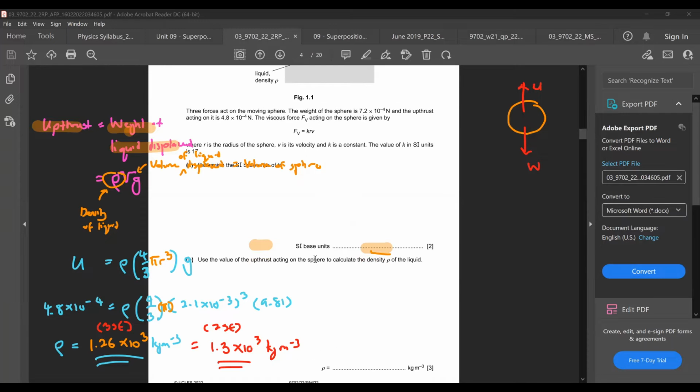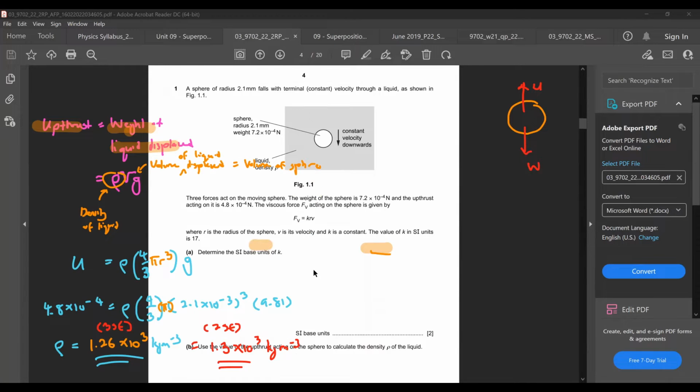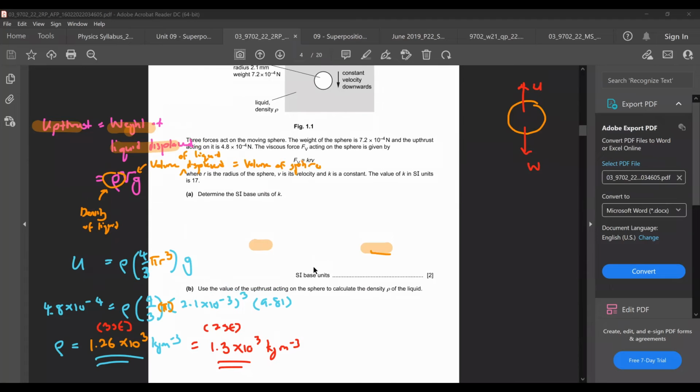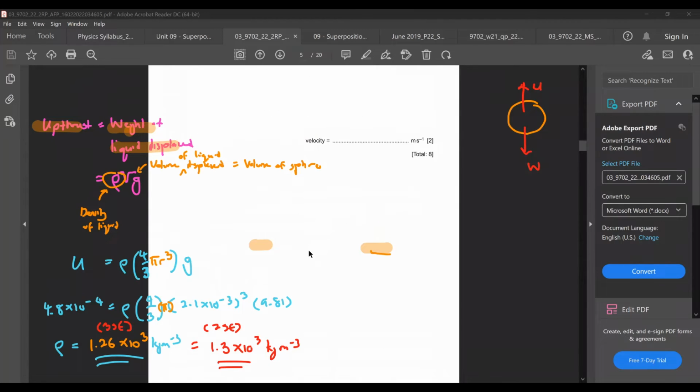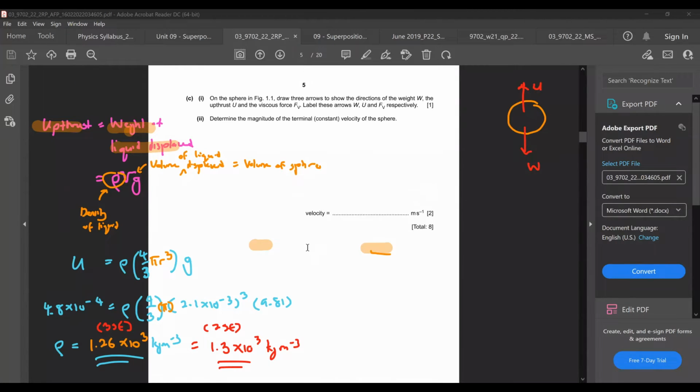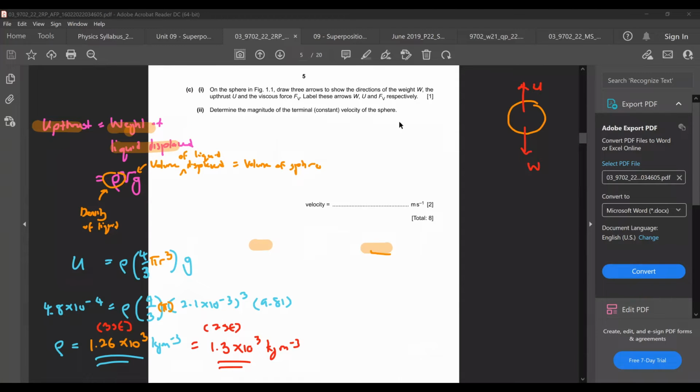Your viscous drag is something that you guys need to be a bit careful of. Upthrust is always upwards. Weight is always downwards.